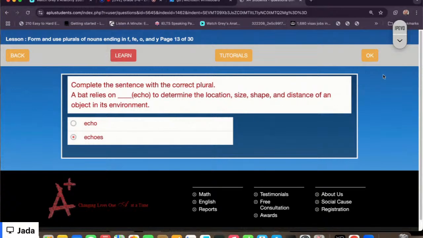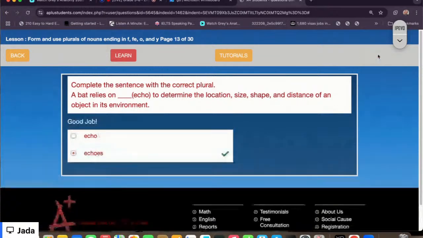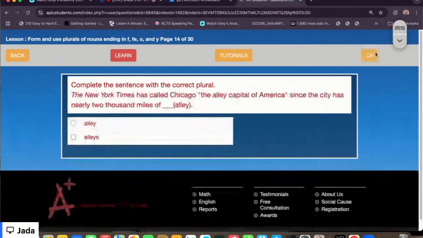Okay, echoes. Alright, so that's it for our lesson under the plural, regular plural now. We still have some more under it, but we will continue that next week.